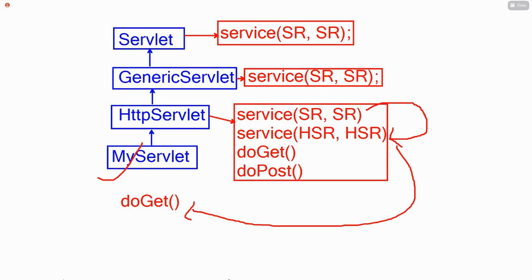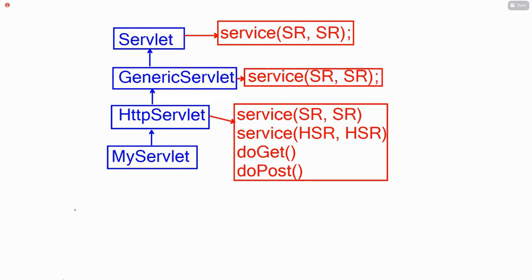Like this, suppose the requested type is post. Then what will happen? This is not called; doPost is called. Like this. Suppose I override doPost. Again a request comes to the web container and the MyServlet object is created.